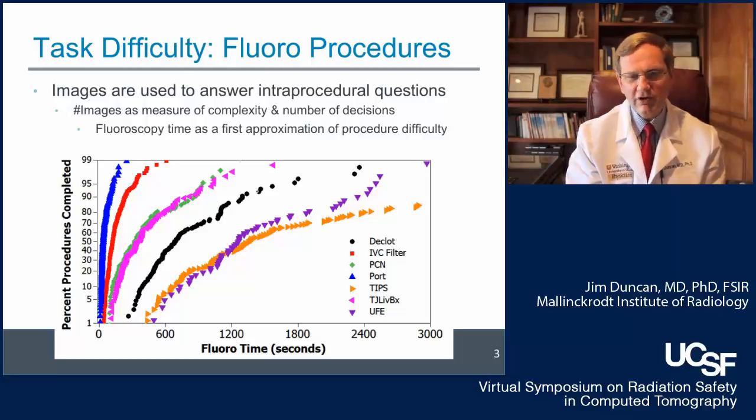If you look at this graph, fluoroscopy time in seconds on X, in procedures completed, the percent, we see that ports typically are completed in a minute or less of fluoroscopy time. It's a simple procedure. There's not much need for fluoroscopy monitoring. There are not many decisions that need to be monitored and answered.